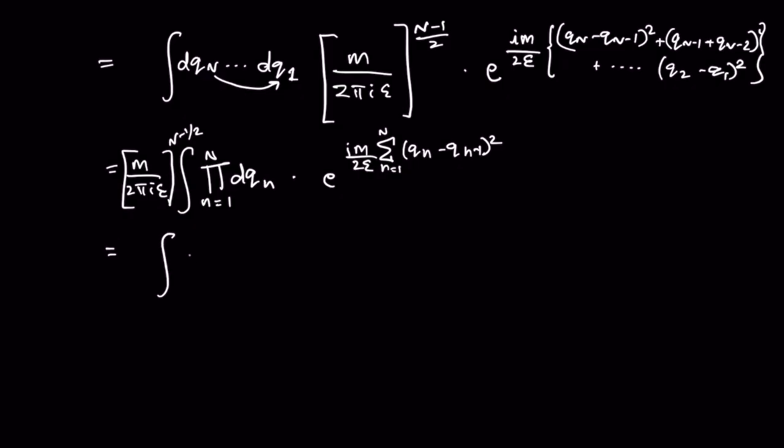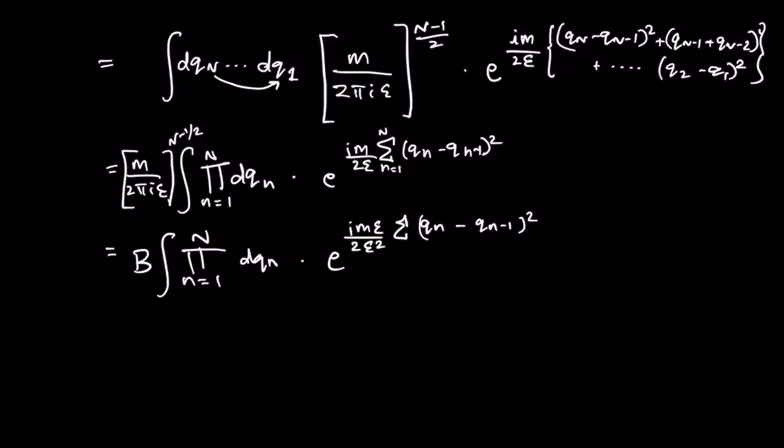Let's say m by 2 pi epsilon is some b, and we say e to the i m by 2 epsilon. We'll multiply epsilon up in the numerator and the denominator, and we'll see why in just a moment.